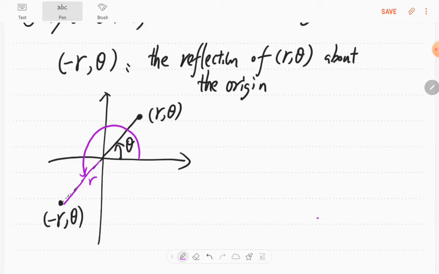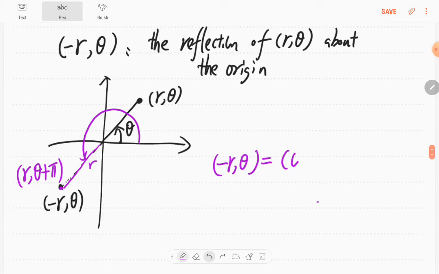So this point can also be represented by r and theta plus pi. So negative r, theta is the same as r, theta plus pi, where r is greater than 0.